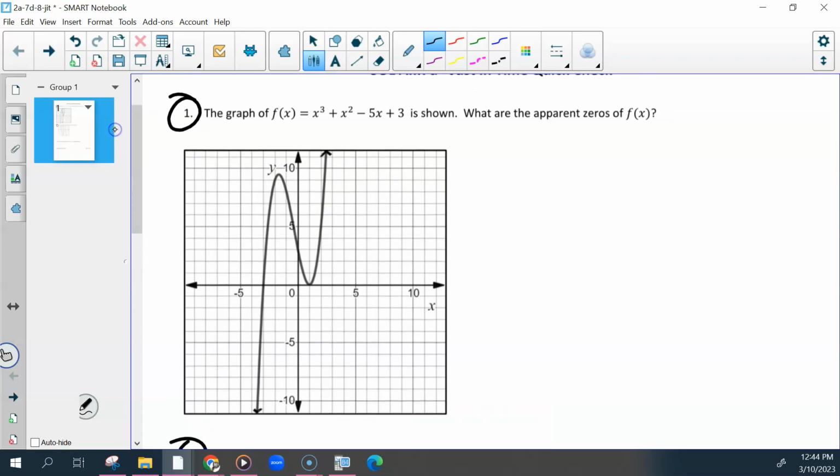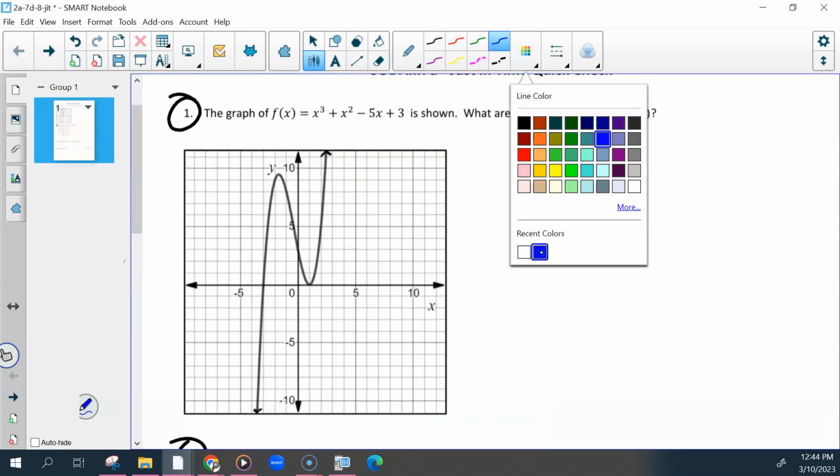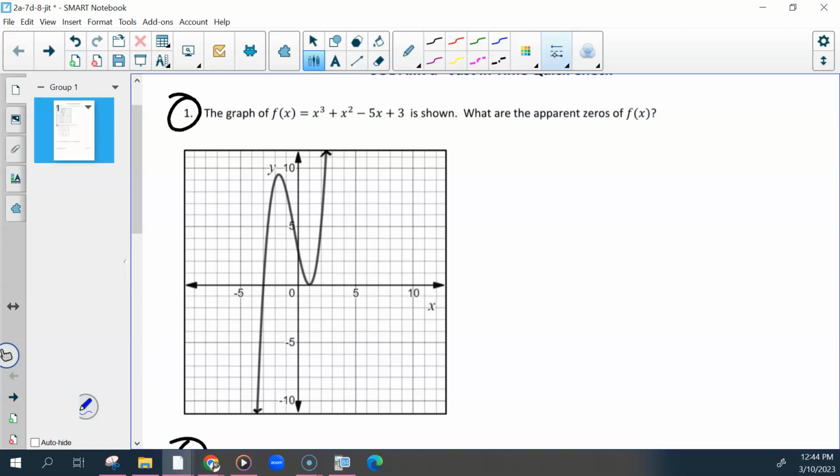So for number 1, it's asking what are the zeros. This says approximate because it could have a decimal, but we're just going to say they're whole numbers.